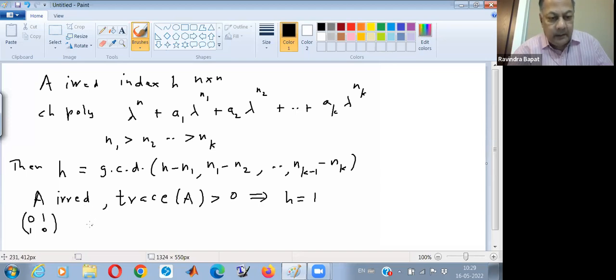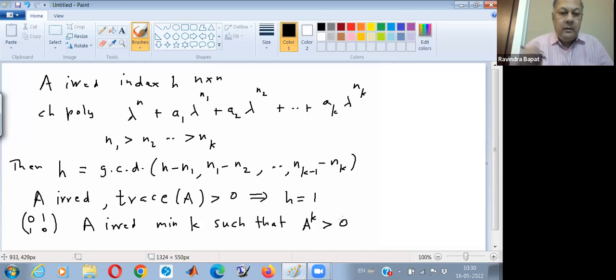So let's take an irreducible matrix and look at the minimum k, if it exists, such that A to the k is strictly positive.